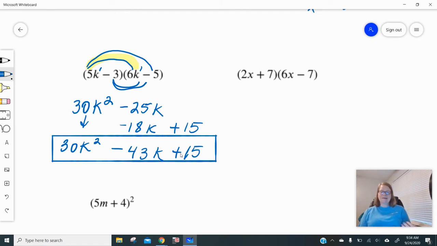That's it. Now, there are lots of other methods for this. This one is called double distribution. At least that's what I call it. I don't know what else it might be called, but there's a window method, there's a box method, or your parents most likely learned what I learned, and that's called the FOIL method. They all work. If you have been doing this in class and this was fine and you've been doing it a different way, then use that way.